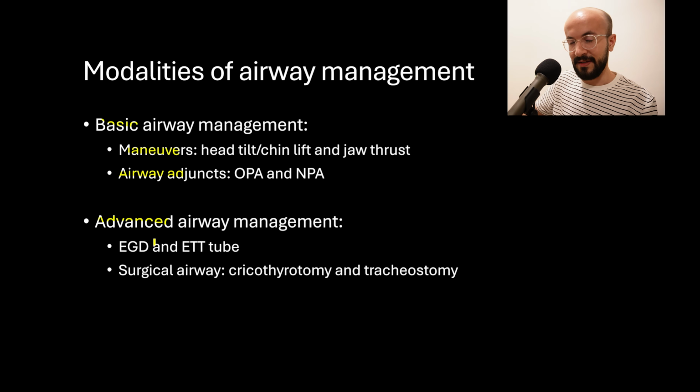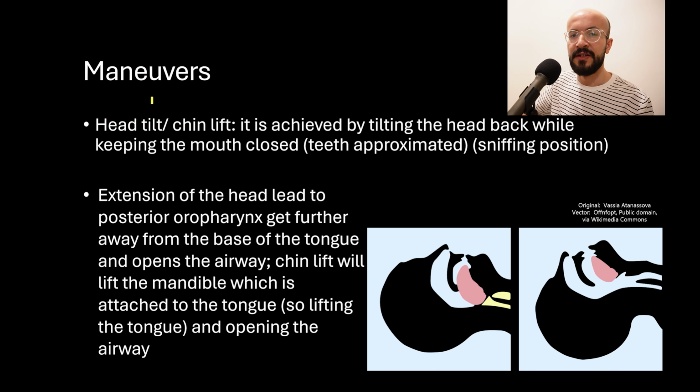In the advanced airway, we have the extraglottic devices and the endotracheal tubes. And then we have the surgical airways such as the cricothyrotomy and the tracheostomy. In this video, we will focus on explaining the basic airway management, and then we will explain the advanced airway in the videos to come. So let's start with the maneuvers.